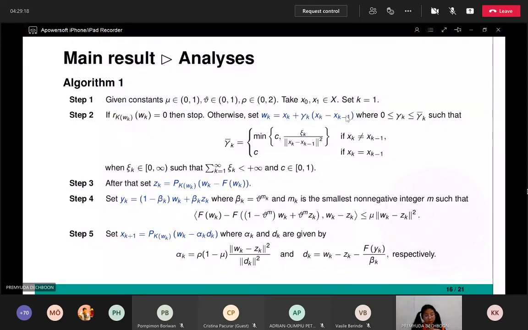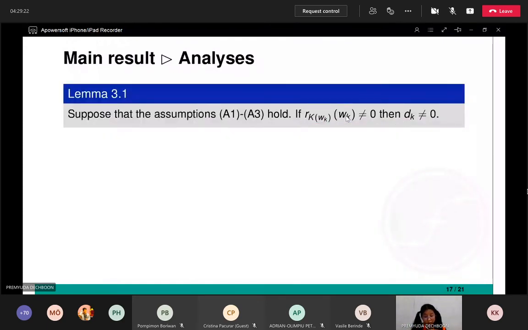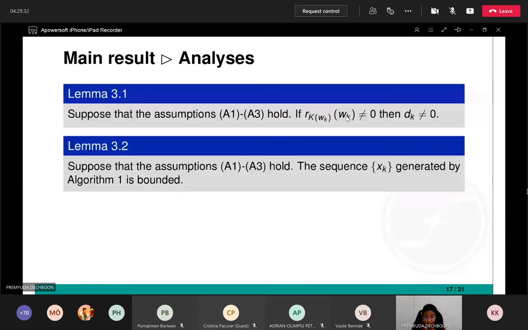In our results, we show that our algorithm is well-defined. After that, we prove that the sequence generated by algorithm 1 is bounded.